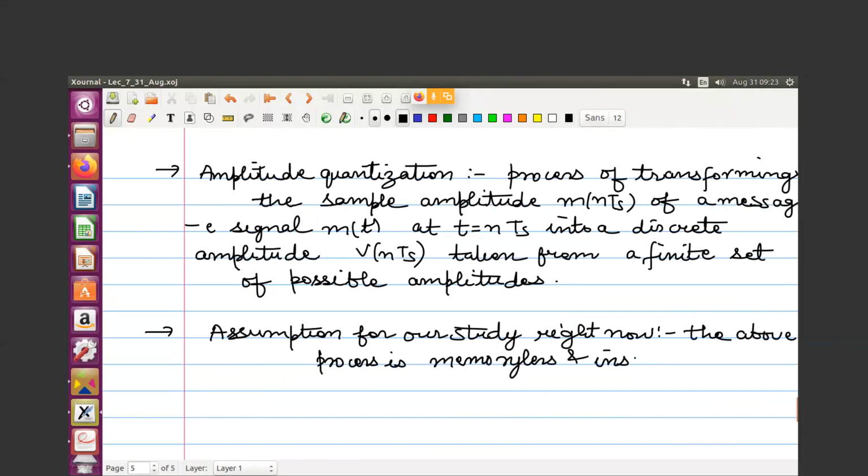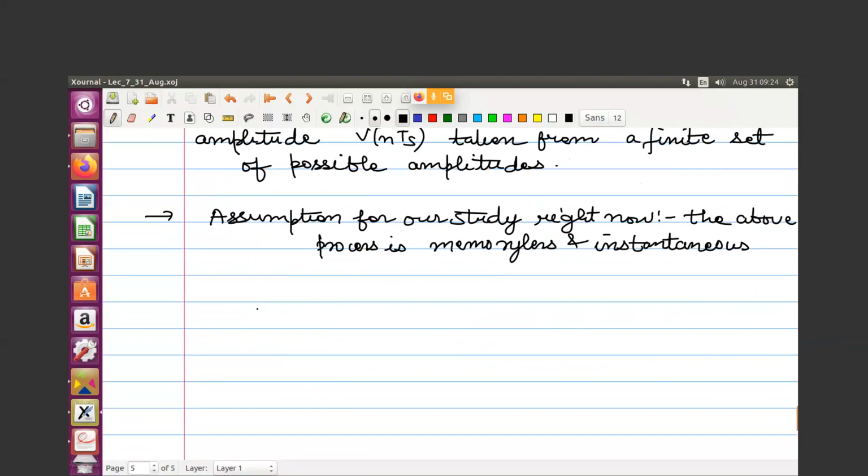What is the meaning of these two terms? Let us say you have a sequence of discrete values coming to the quantizer. It will quantize each value instantaneously and memorylessly. It means that while quantizing, it is not considering what the past values were or what the future values are. So this has to be memoryless.